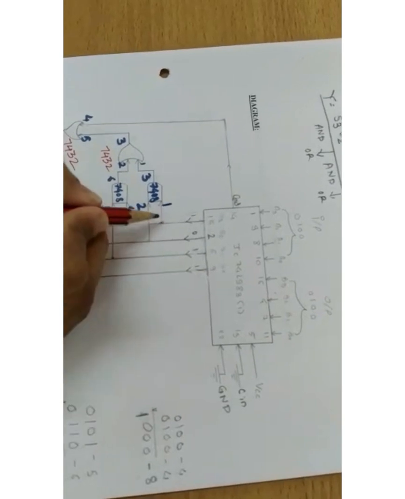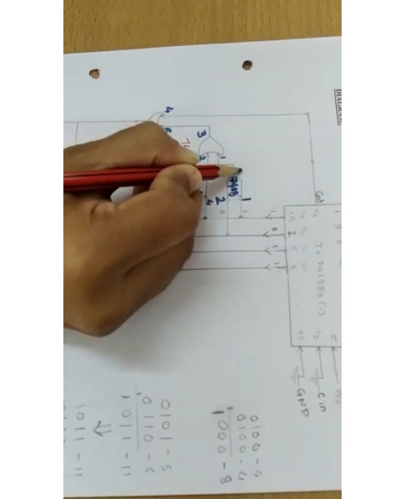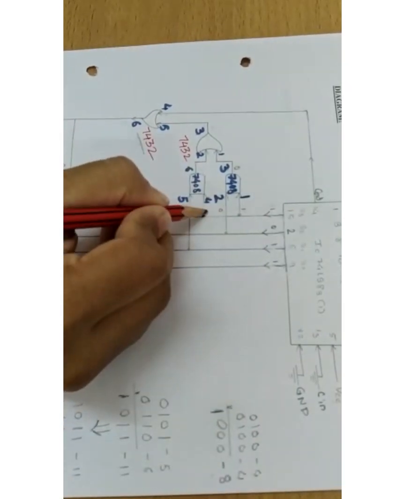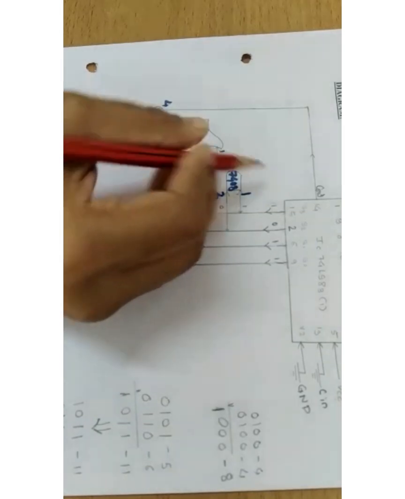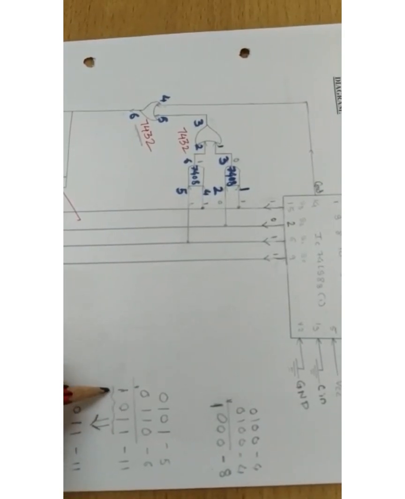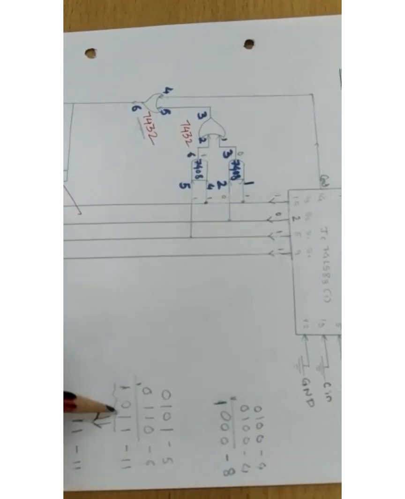So we will check the AND gate output. Okay, so here 1, here is 0, so 1 0 gives 0, then here you are getting 1 and here also you are getting 1, so 1 1 will become 1. Now this C out is not generated because your output is 4 bit, not 5 bit. If you were getting a 5 bit output, this C out would get generated. Okay, so it is only 4 bit.